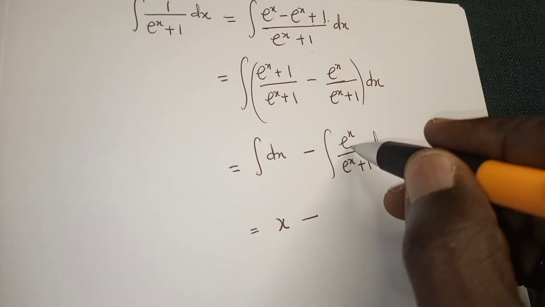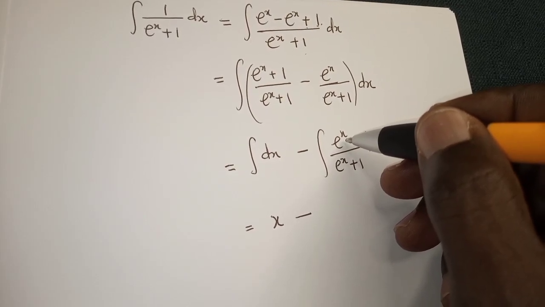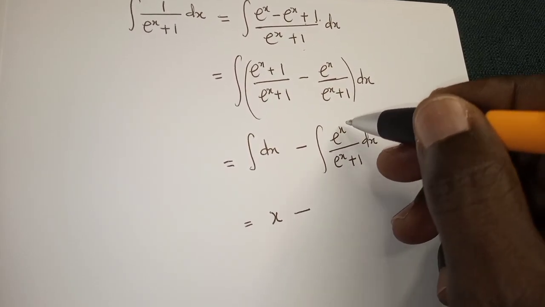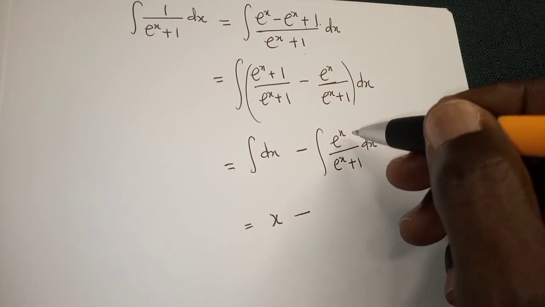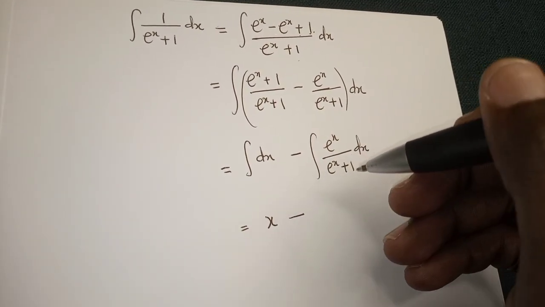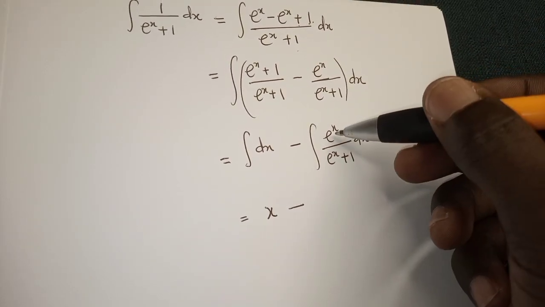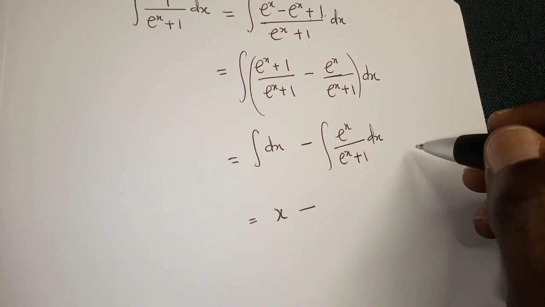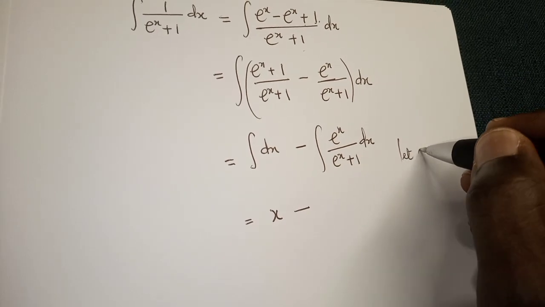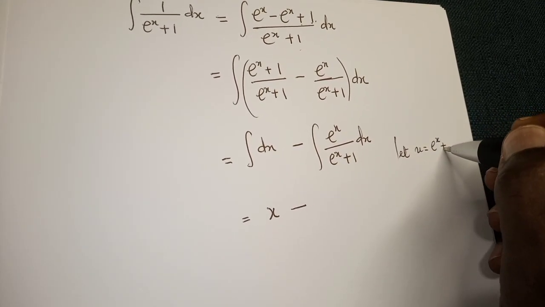So here, since we have an independent variable on both sides of the fraction, so numerator and the denominator, we can use the algebraic substitution. So the u substitution, let u equal e exponent x plus 1.